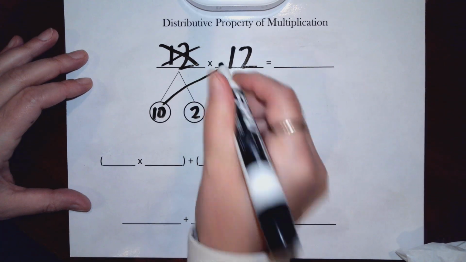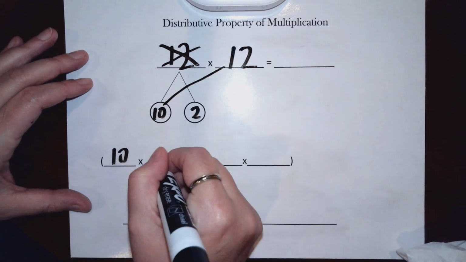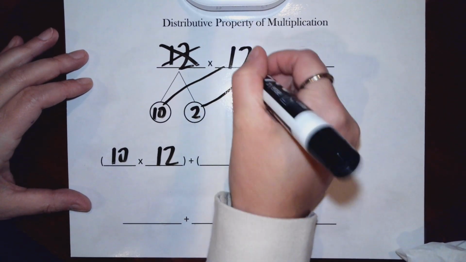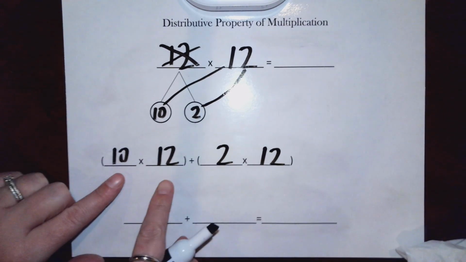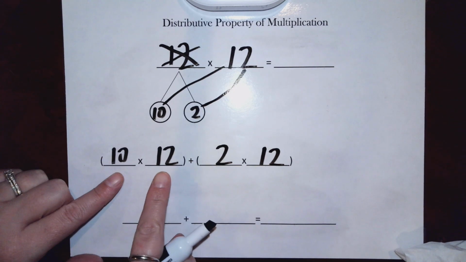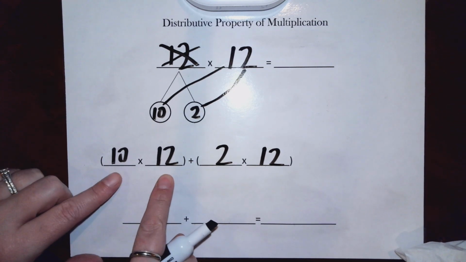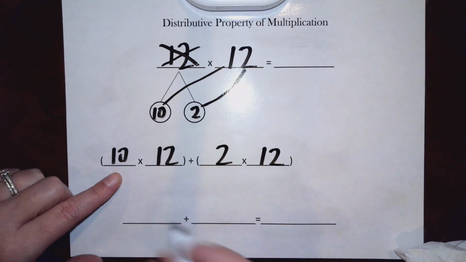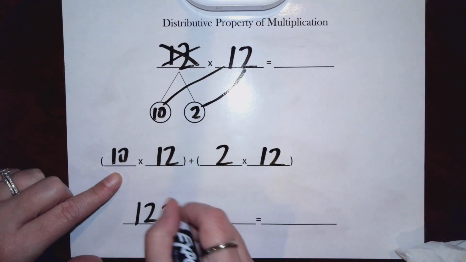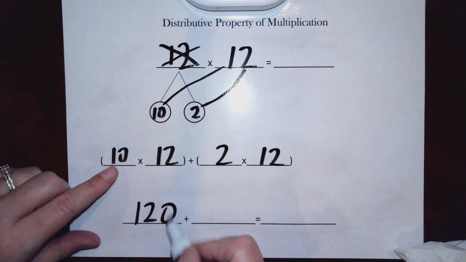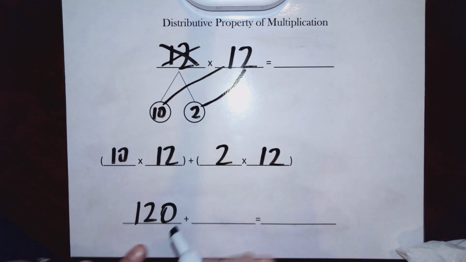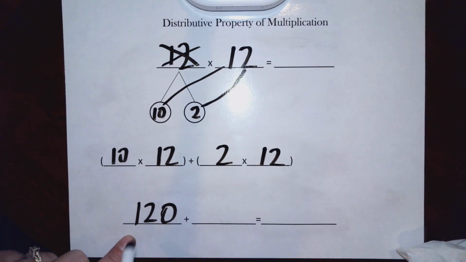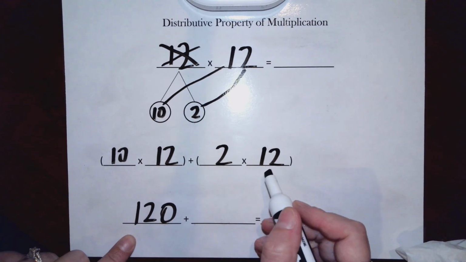So I need to do 10 times 12 and 2 times 12. So if I have 10 12s or 12 10s, that means if I have 12 10s, I have 120, because the 12 10s makes me add that 0 to the end. Here's my 12 10s, and then that 0, which gives me 120.